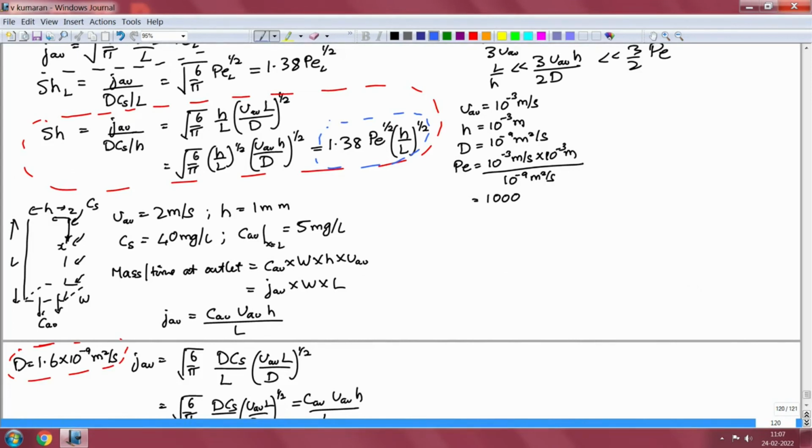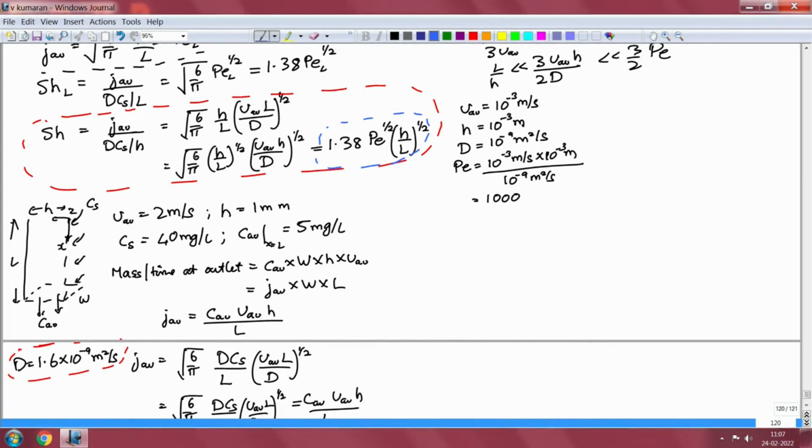When expressed in terms of the Peclet number based upon length, it is just Pe_L to the power half. That is because the penetration depth is much smaller than the film thickness, and therefore, the thickness is not a parameter. However, if you express it in terms of the Peclet number based upon thickness, then you will get this kind of a result.